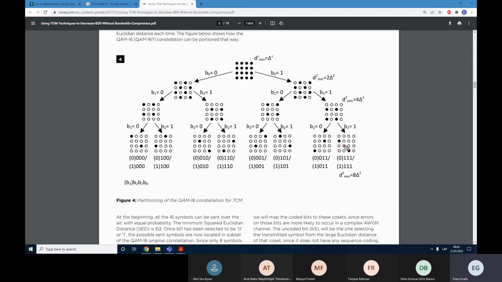Usually for Gray coding, we would want to assign this difference, for example, for these 2 points, because the distance here is much smaller. However, here we are going to use the convolutional code in this constellation. So this is already coded data.